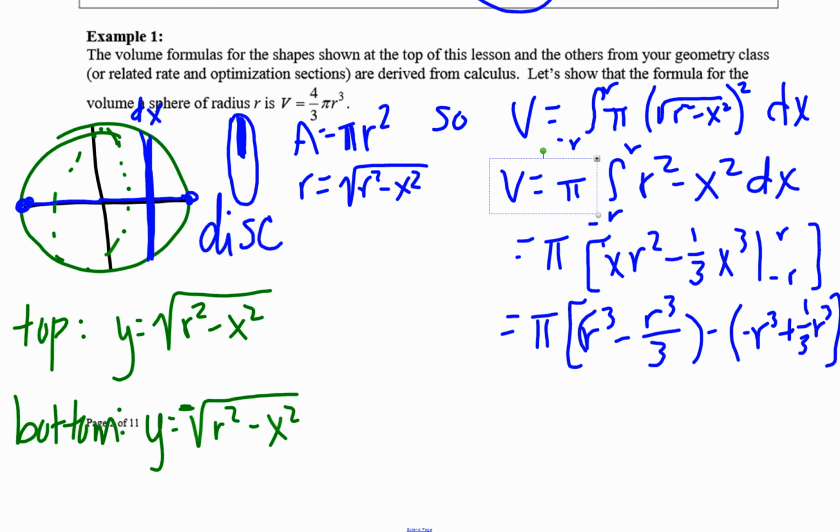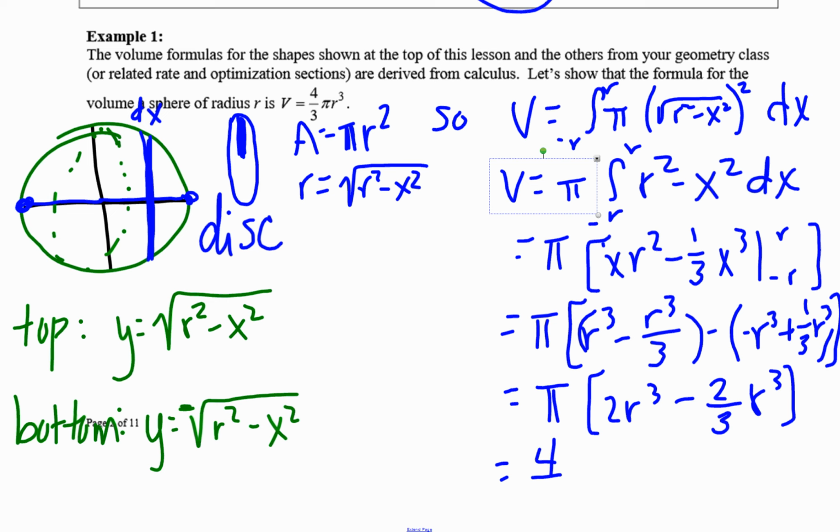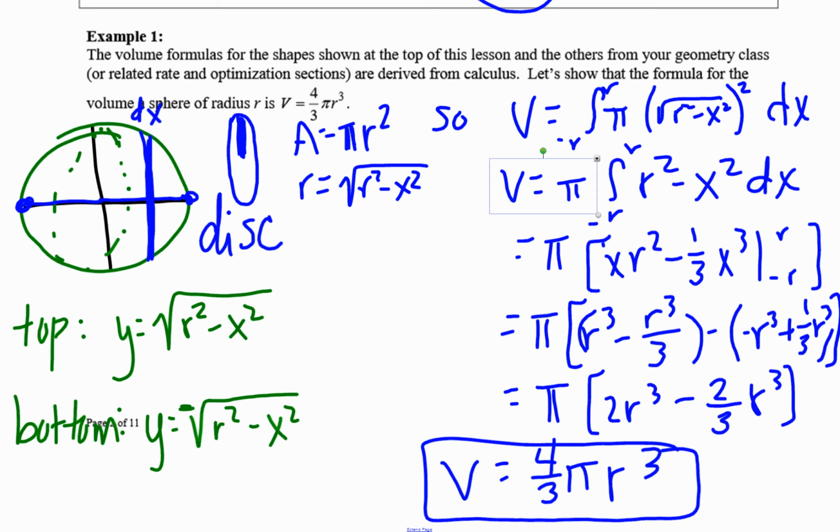So then if I simplify that, I get r cubed plus r cubed, so that's 2r cubed. And then we get minus 2 thirds r cubed. So adding that together, we get 4 thirds r cubed and pi, so 4 thirds pi r cubed, which was our volume formula. So yay, calculus! Look, we're connecting to geometry now.